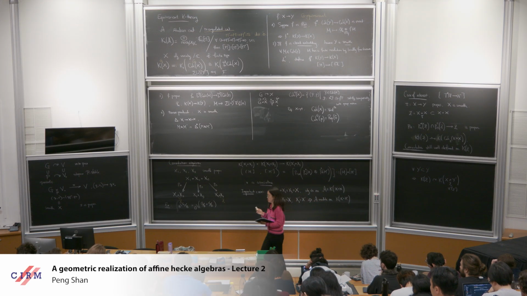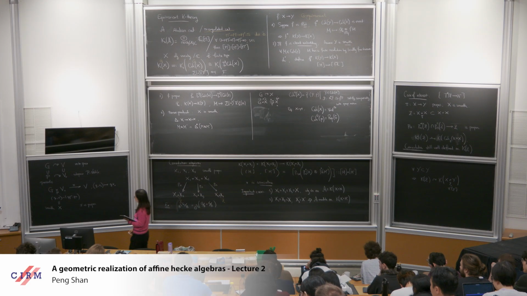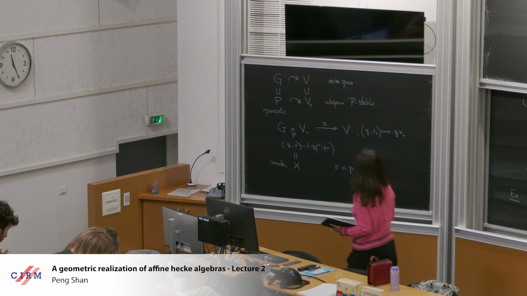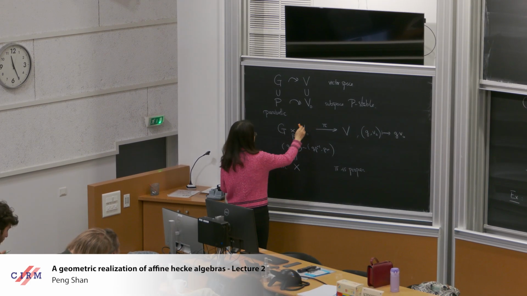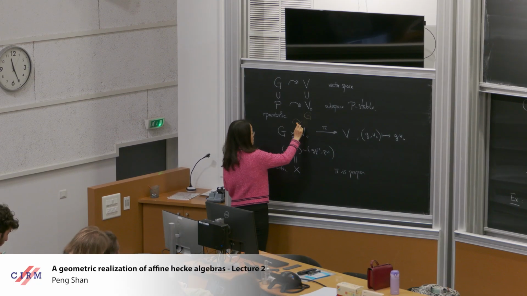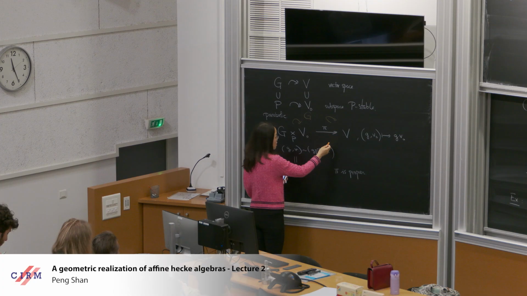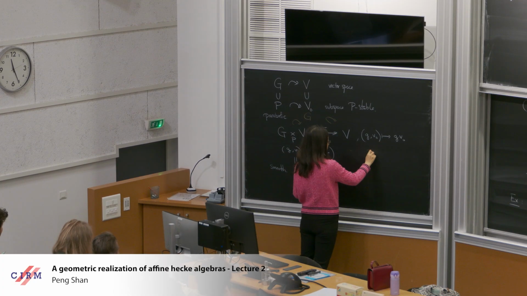Okay, and so this will be the kind of morphism we're interested in. Moreover, here I have some group action. First of all, G acts by left multiplication here, and here G acts because it's a representation, and pi is G equivariant.